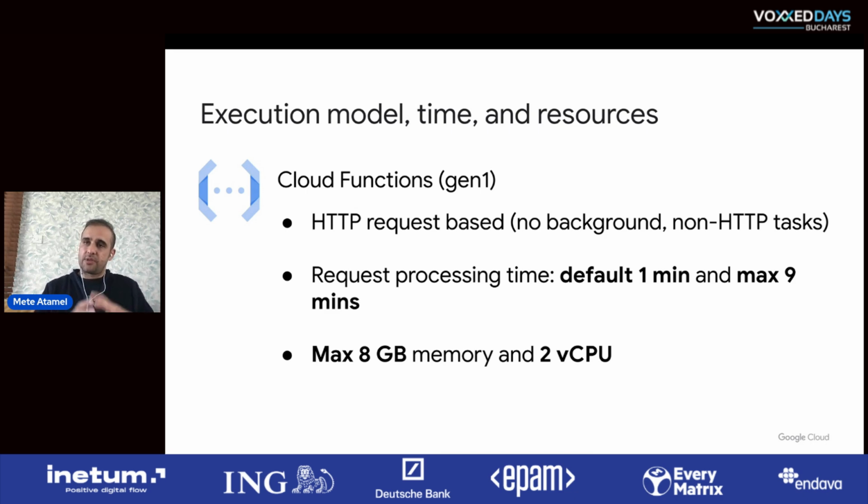So it has to be for something quick. You can increase it up to 9 minutes, but not more than that. So if you want to do more long-running tasks, it wasn't really possible with the functions. And the memory and the CPU that you get with these functions were limited as well. You couldn't do very big memory-intensive tasks in these functions either.